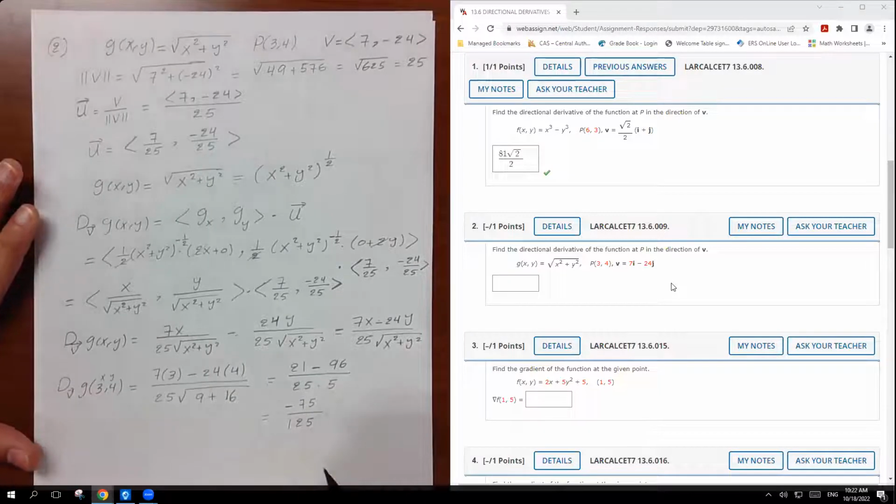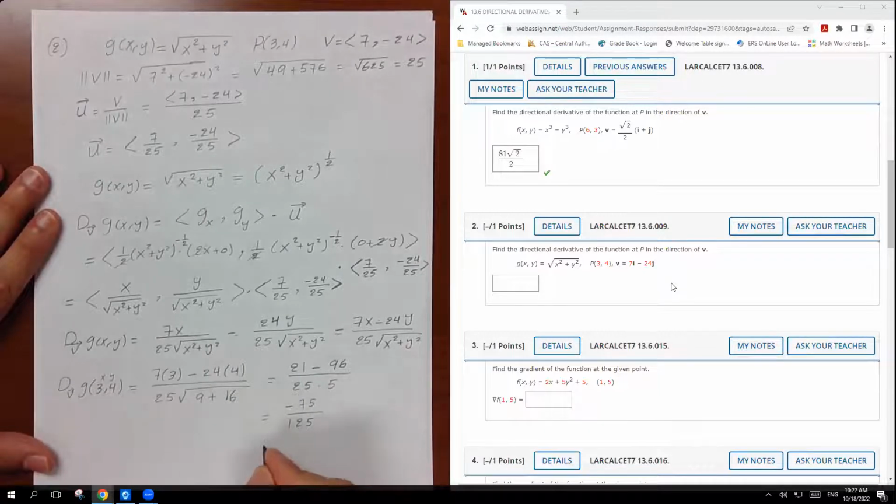You can simplify it by 5, so it's negative 15 over 25.